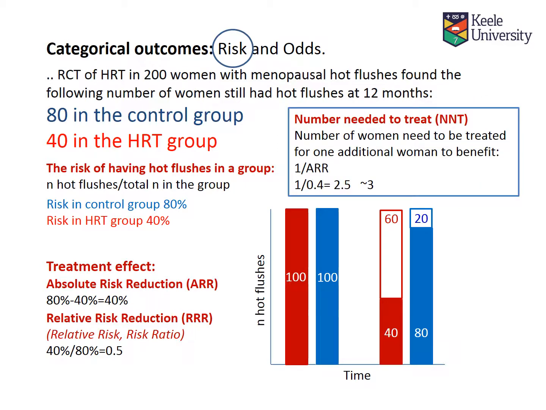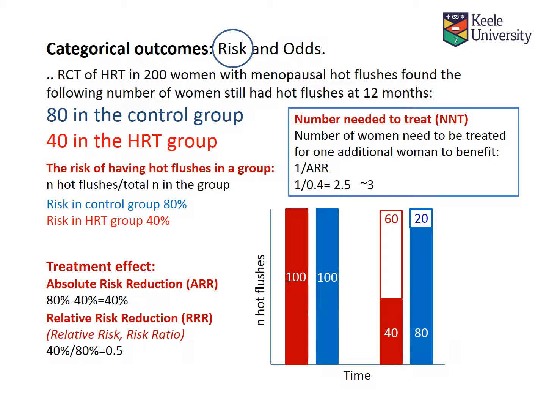One concept I want to introduce here, because it's related to absolute risk reduction, is number needed to treat. This is calculated by 1 divided by the absolute risk reduction. You remember I said absolute risk reduction should keep the percentage, the 40%. So absolute risk reduction is 40%, not 40.